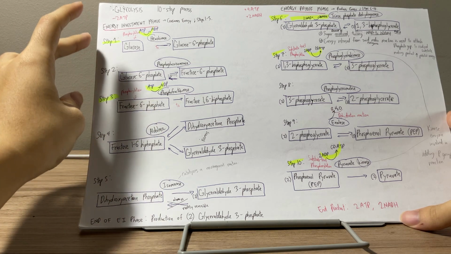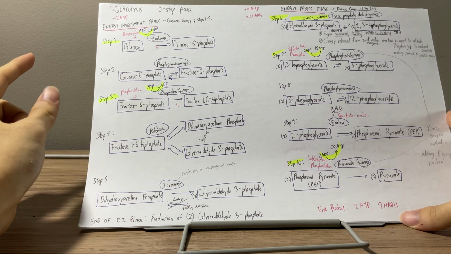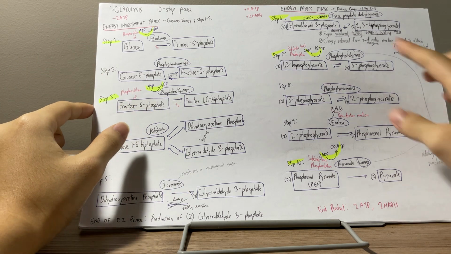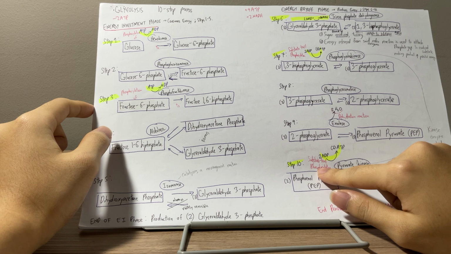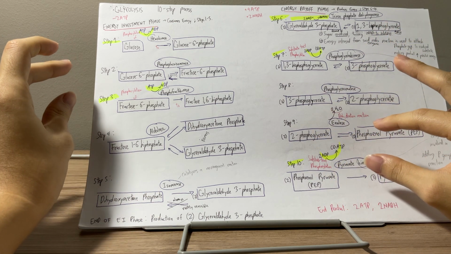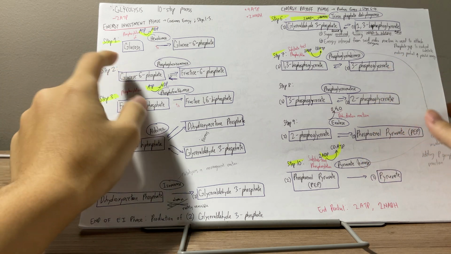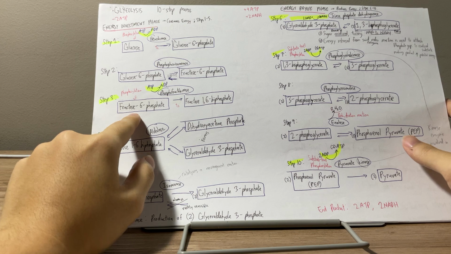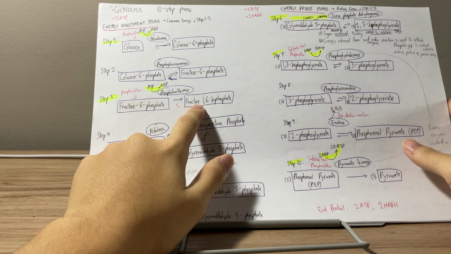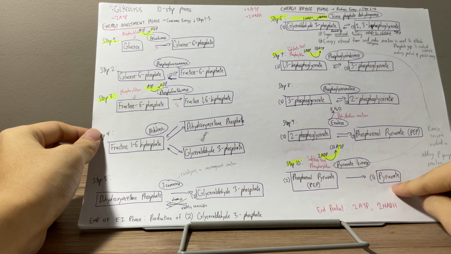So, for steps 1, 3. Okay, there's a reason why I highlighted steps 1, 3, 6, 7, and 10. I think these specific steps involve the process of phosphorylation. For example, from fructose 6-phosphate to fructose 1,6-bisphosphate, or in step 10, from PEP to pyruvate.